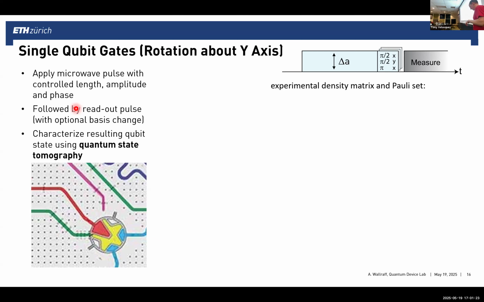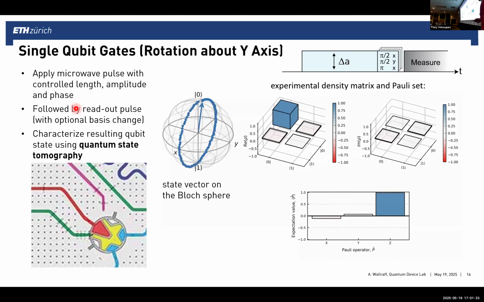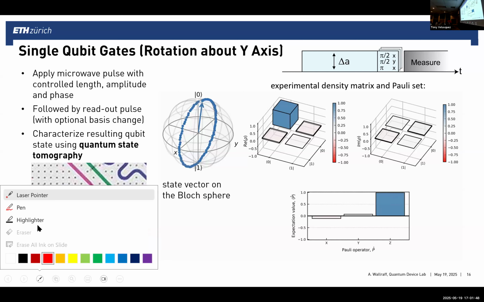If you combine 3 measurements, where you do nothing and measure the z component, you turn the x into z and measure it, you turn the y into z and measure it, you can get the x, y, and z components of your qubit states. And then you can look at rotating your qubit state vector on the Bloch sphere.